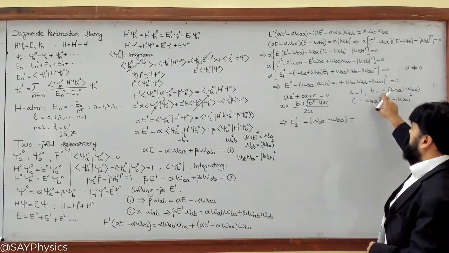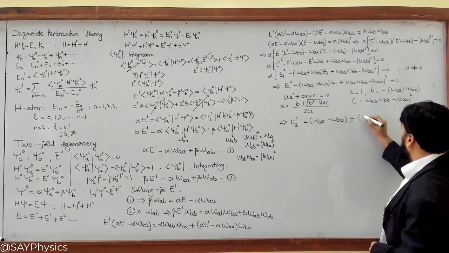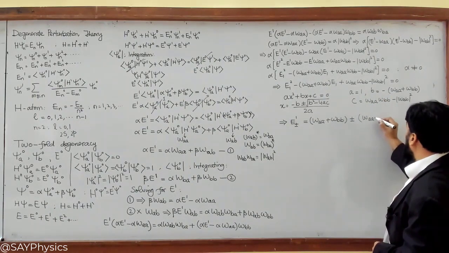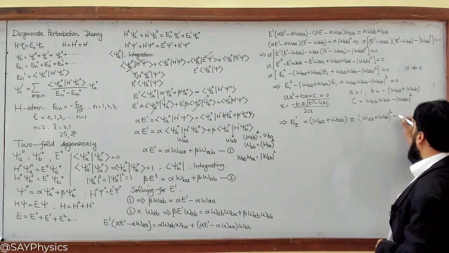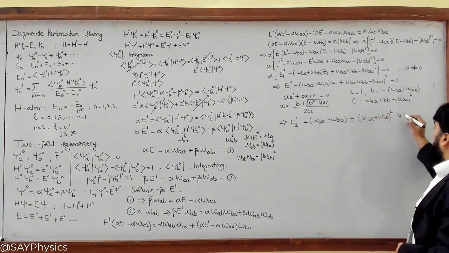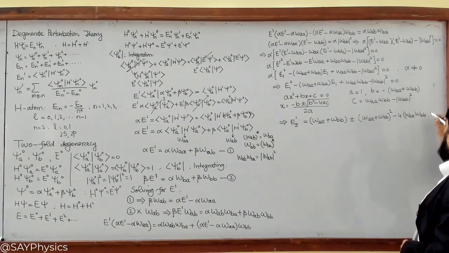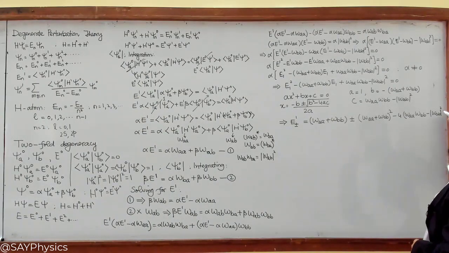It is with minus, but it is squared, so it will become plus: (WAA plus WBB) whole squared minus 4 times a, which is equal to 1, and c, which is WAA WBB minus |WAB| squared.